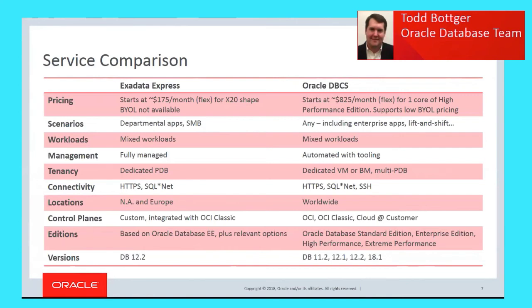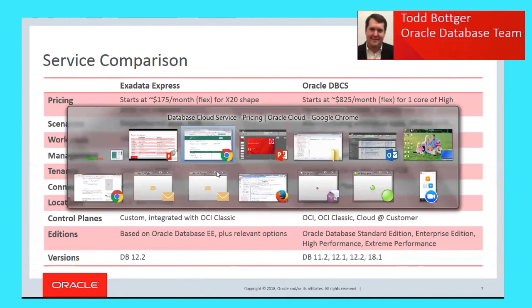You can connect over SQL*Net using any number of Oracle database clients, drivers, tools, utilities, and of course you have the HTTPS access provided by Apex. In terms of locations, data center availability, Exadata Express is primarily North America and continental Europe right now. It's Chicago and Amsterdam, Netherlands, whereas DBCS has more worldwide availability in more of our data centers globally.